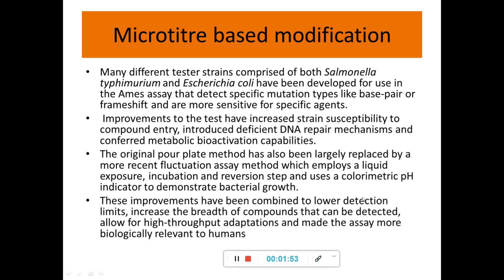Even at low level detection limits you can find out, and many of the components which probably are not giving you positive results in a pour plate technique would probably be detected by the microtiter plate technique, and it has been found to be more biologically relevant to the humans.